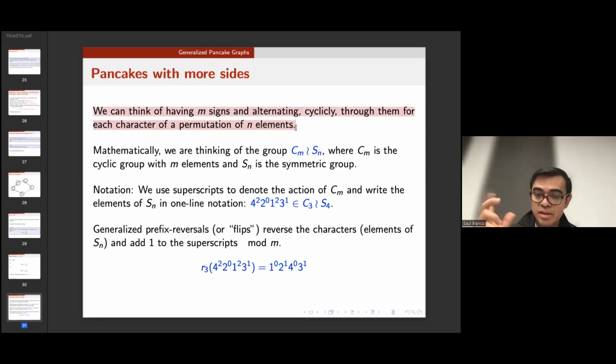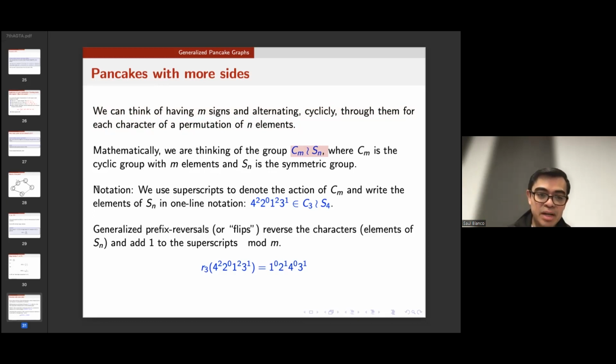As you reverse your prefix, you're alternating among all these M signs. Mathematically, what we're thinking about is this group, the wreath product of CM and SN, where CM is a cyclic group and SN is the symmetric group. So if M is 1, you get the regular pancake graph. If M is 2, you get the burnt pancake graph, and so on and so forth.